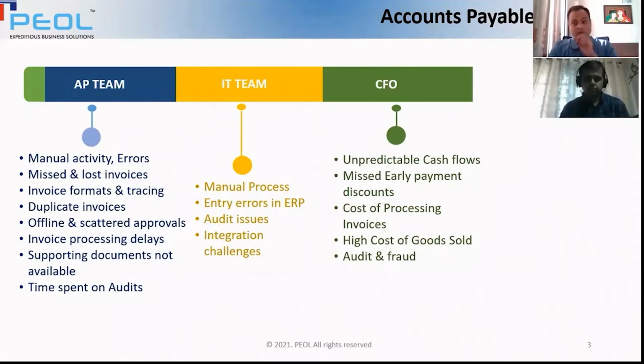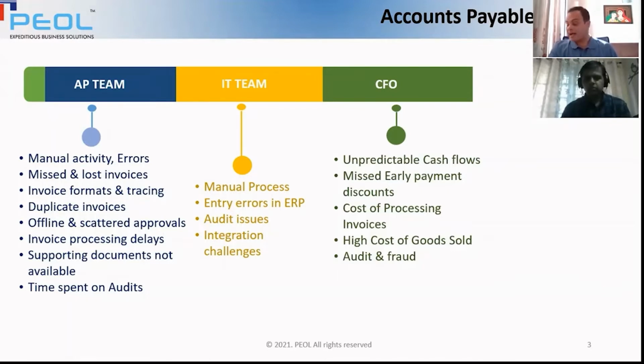And one of the most important challenges that we have seen with CFOs is they always want to know the cost of processing per invoice. If the cost of processing per invoice is very heavy for the reasons we have mentioned in the AP team challenges, and if the volume of invoices is pretty substantial, then you can correlate with the cost that may be incurred to process hugely voluminous invoices.